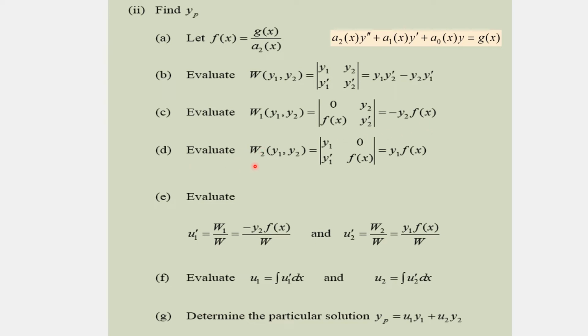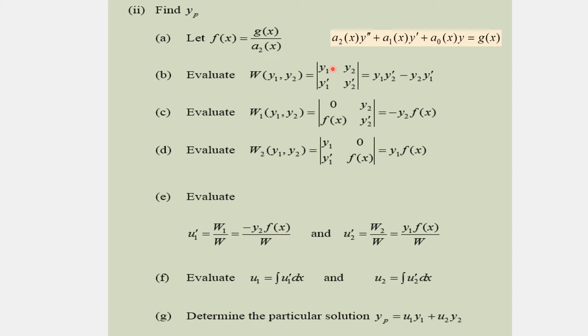Step D is to evaluate W2 of the two functions y1 and y2. W2 means you will have to alter column number 2 of W. So column number 2 of W, you replace it by 0, f of x. Again, the f of x is the one that you got in step A. So replace column number 2 by 0, f of x, but column number 1 of W will remain the same.